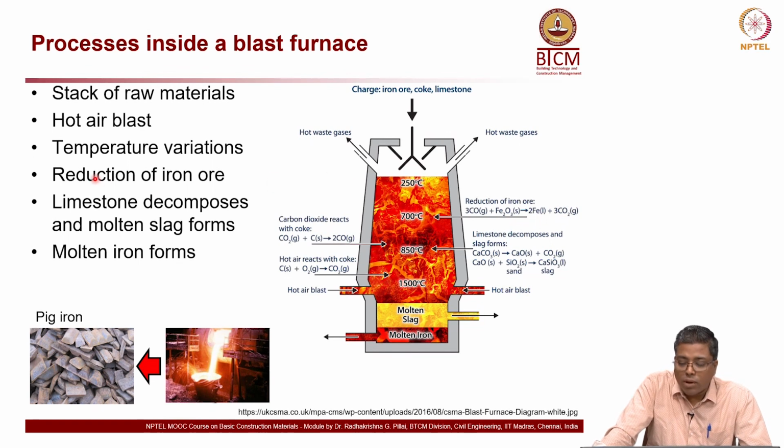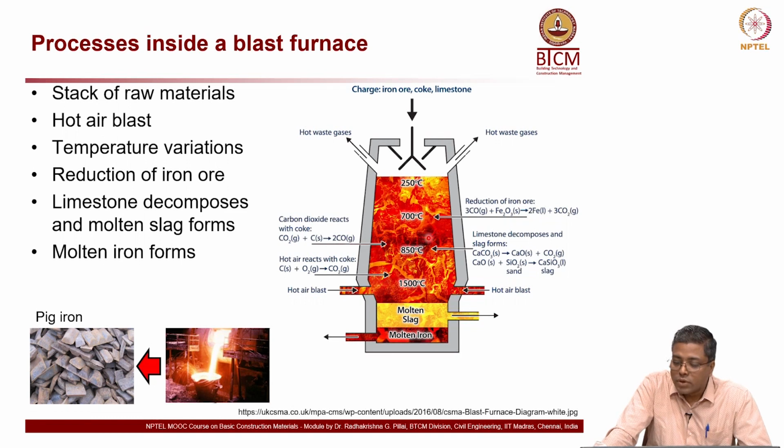Now, what these temperature differences do is, at about 700 degrees Celsius, the iron ore gets reduced to Fe, and carbon dioxide is formed.